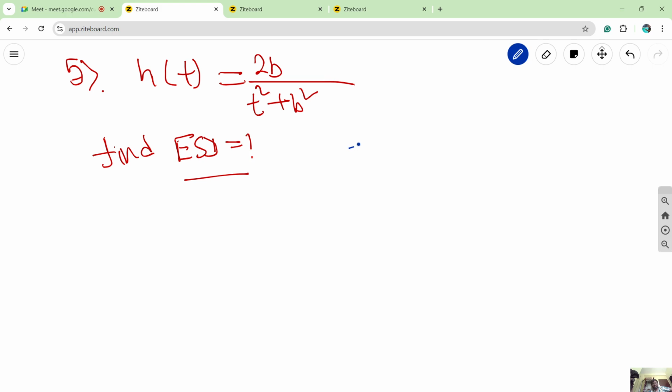If we calculate the Fourier transformation of the signal e to the power minus b mod t, it comes to 2b by omega square plus b square.